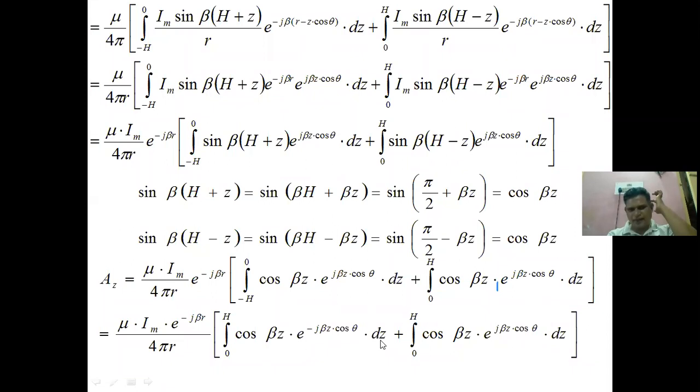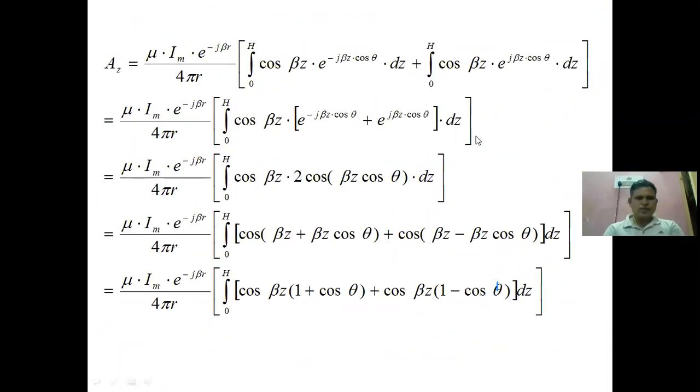After that, next, see here, the same equation I have written here: e power minus j beta z cos theta, and here e power j beta z cos theta. Now cos beta z is a constant, that's why the limits are the same, and we are writing it in a single equation.